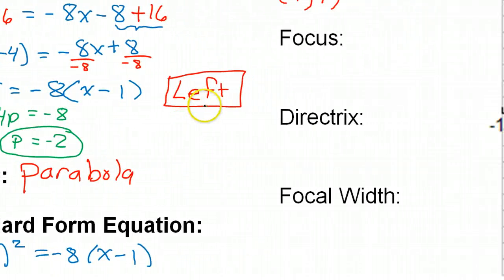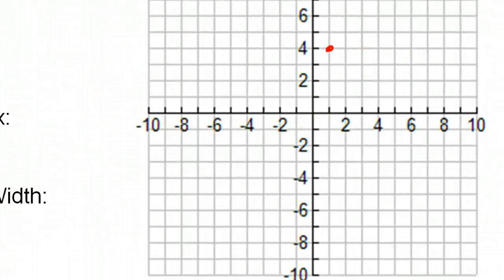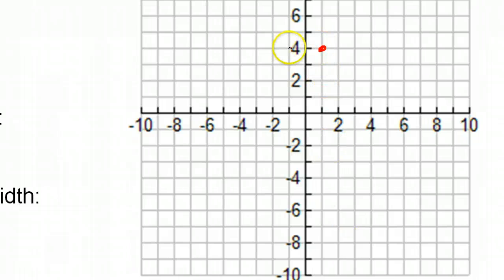I knew I would go to the left. Now I know I will go to the left 2 from the vertex. So here's my vertex. If I go left 2, this is my focus. It also tells me where the directrix will be, because it should be the same amount in the opposite direction.